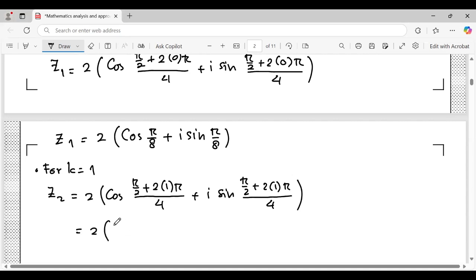It becomes 2 cosine 5 pi over 8 plus i sine 5 pi over 8. This is z2.